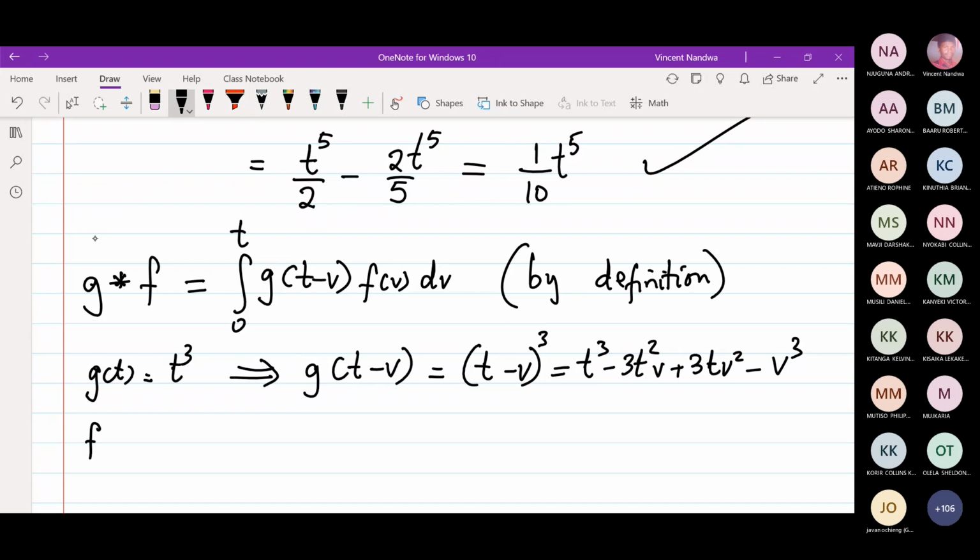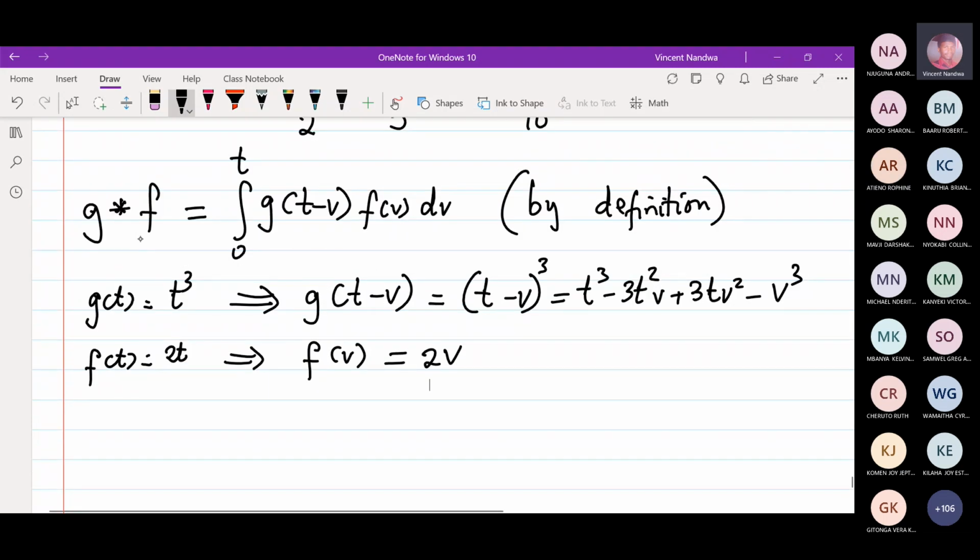Then F of T is given by 2T, which means F of V will be 2V. Correct.